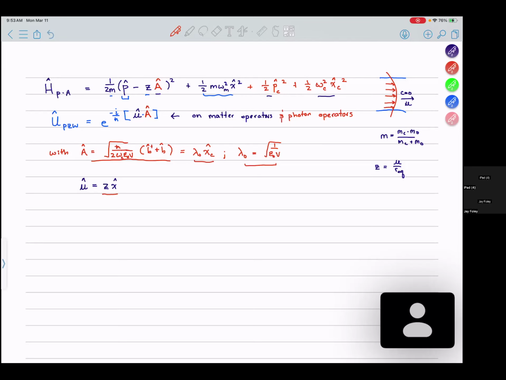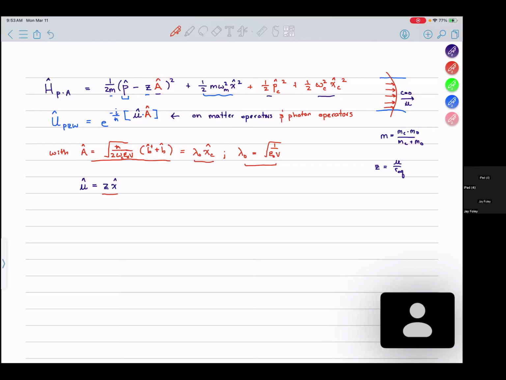And if you're doubting that relationship, please go back to your notes and look for the expression of x hat and p hat for photons in terms of b daggers and b's, because you will see that this relationship should hold up.